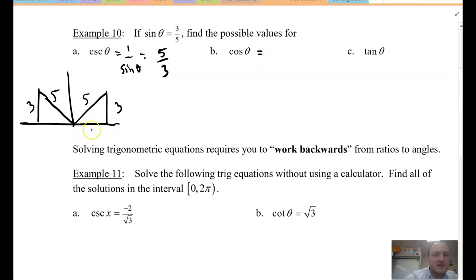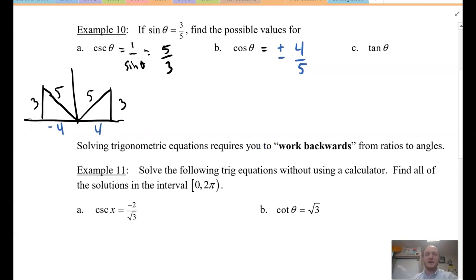Hopefully you remember this is a special triangle, the 3, 4, 5 triangle. So cosine is going to be plus or minus 4/5. Tangent of theta is opposite over adjacent. So opposite is 3 over adjacent, which is 4, and it could be either one. Okay, so there you go.